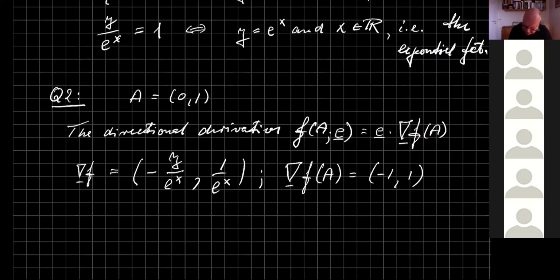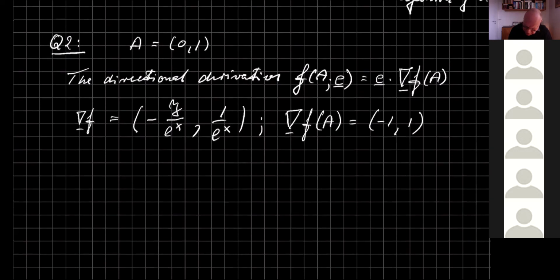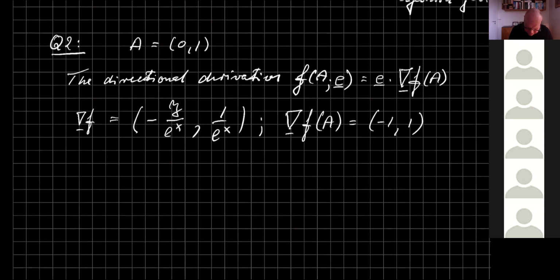Now we're going to get our unit vector, and I just make a small sketch here. So this is 1, this is 1. So we are at this point here. This is point A, and we're looking at the direction towards the point 1, 2.